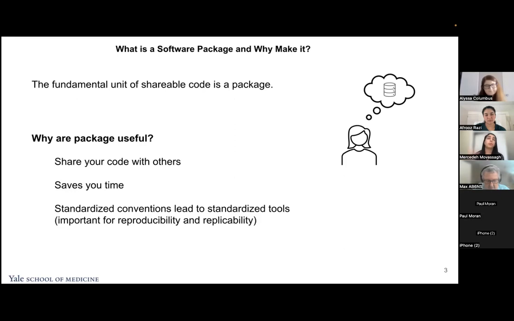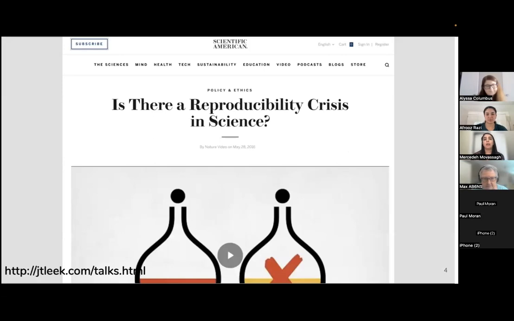And now you're like, so why is this important? That's very important when you're thinking about the concept of reproducibility and replicability. What do I mean by that? I got this from Jeff Leek's talk. I think it was around 2017 he gave this talk, and this report came out in Scientific American where it talks about, is there a problem and a crisis in reproducibility of data?